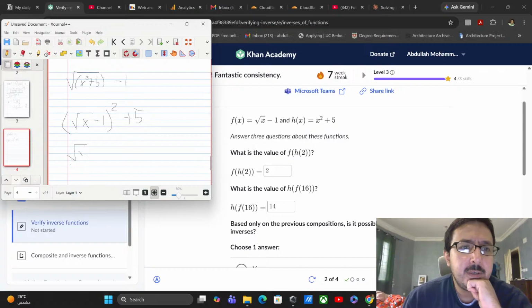It's gonna be the square root of x minus 2 over x, and 1 plus 1, which is gonna be x minus 2 plus 1.